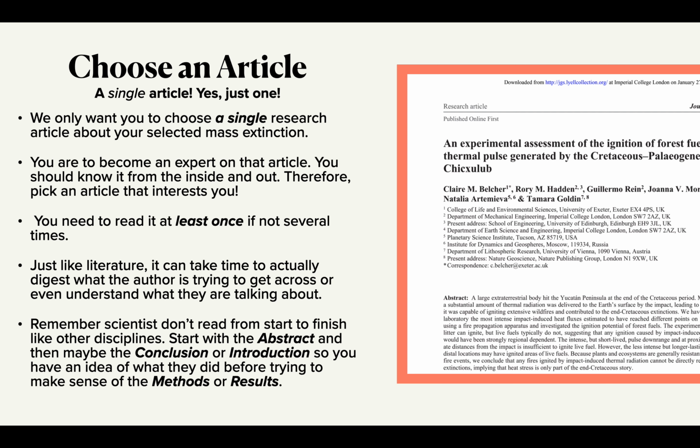We want you to get a deep understanding of the actual article, so we only want you to choose one that you're going to actually become an expert on. There's going to be some terminology in there that you might not understand. There might be methods in there that you don't understand. And part of your goal is to gain a better understanding of what they actually are. So that's what you're going to be doing as part of becoming an expert.